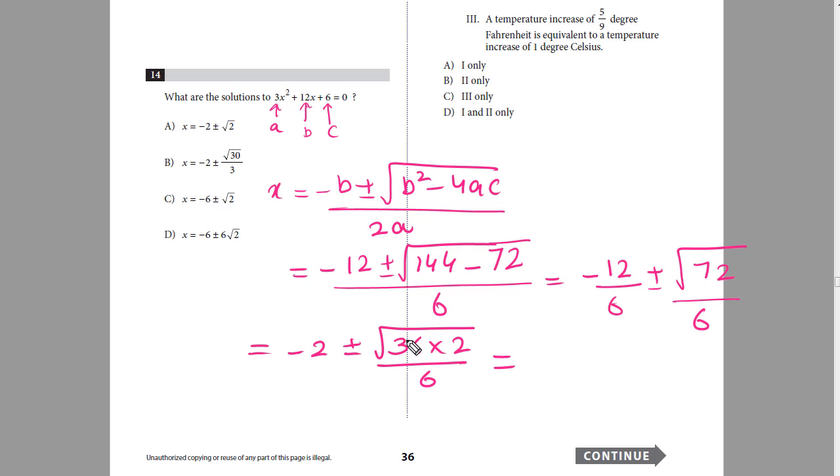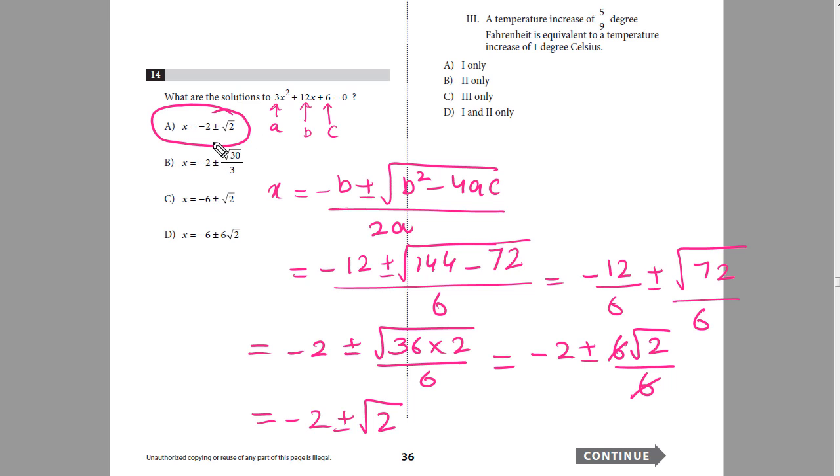Now the square root of 36 will be 6. So it will be negative 2 plus minus 6 will come outside, and within the square root sign only 2 will remain, whole divided by 6. Now this 6 will get cancelled, and my answer for this one will be negative 2 plus minus under root 2. So that is A. So option A is the correct option for question number 14.